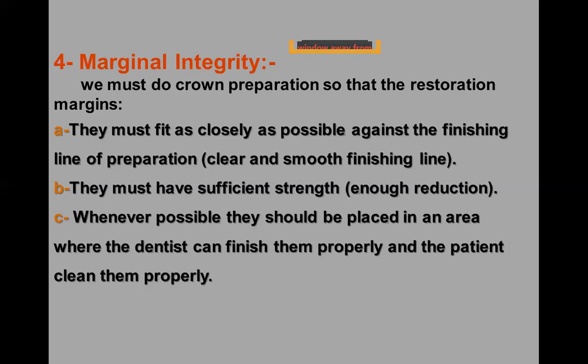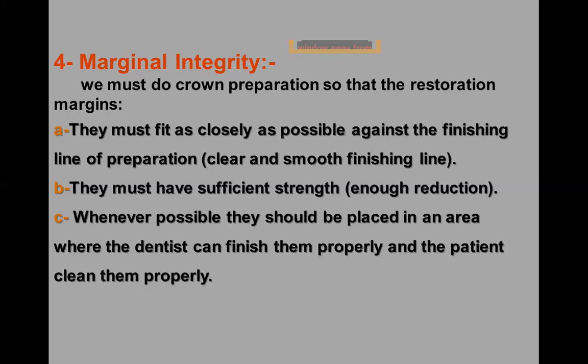So what are we going to do in our preparation to have such marginal integrity? Our finishing line must be clear, smooth, and able to be detected by the dentist and technician. So we must remove the amount of reduction which makes the finishing line clear and able to be seen well, and it must be smooth to make the margin fit or seat in a close fit to the finishing line.